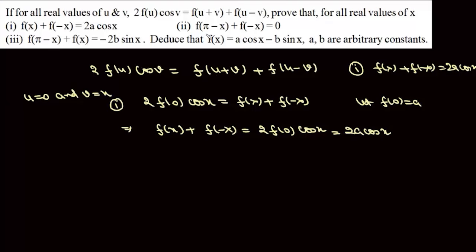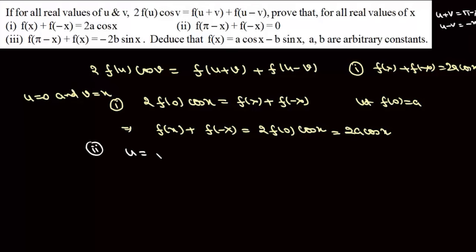Now in the second part, we need to prove f(pi - x) + f(-x) is 0. Now the second part, we need to choose u and v such that it becomes pi - x and -x. One way of doing it is you can choose u + v as pi - x and u - v as -x. If you add them, you'll get u as pi/2 - x and v as pi/2.